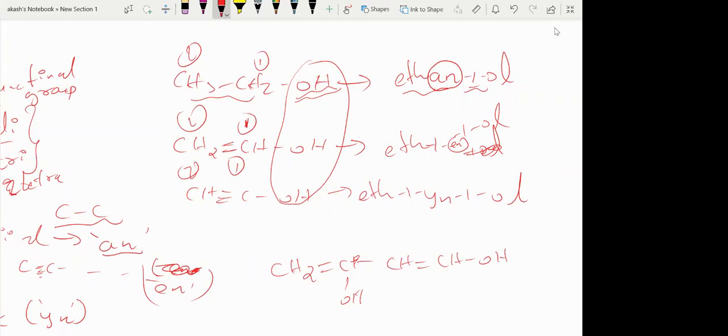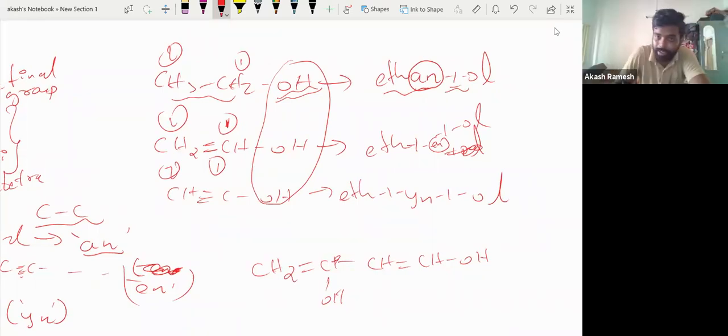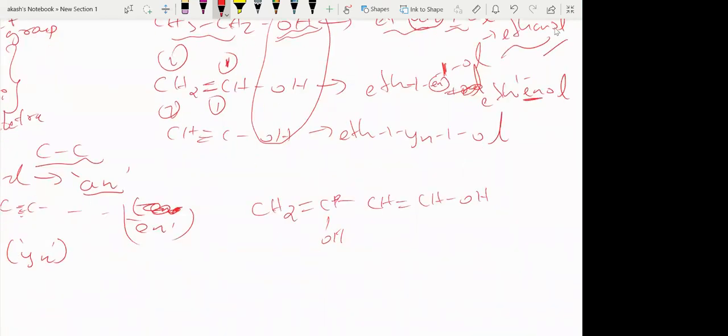So can't we directly write ethenol? Yeah, in this case you don't have to specify this. Even if you write ethenol, it's okay, it's correct. Even in all these cases, you don't have to mention this one. You can directly write eth and ol, because again you're not mentioning any number here because already it's mentioned, because it's one. That's why you're mentioning.